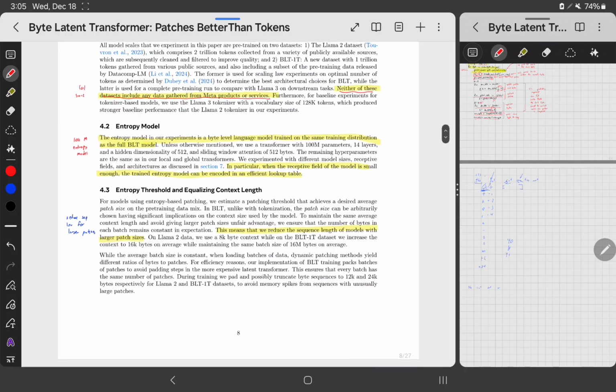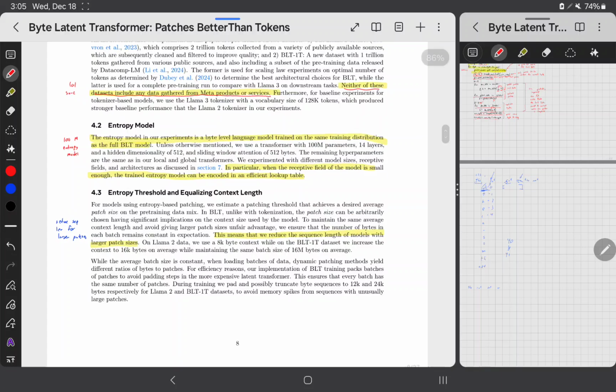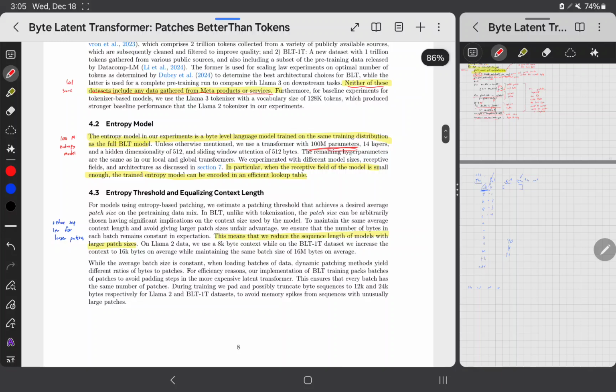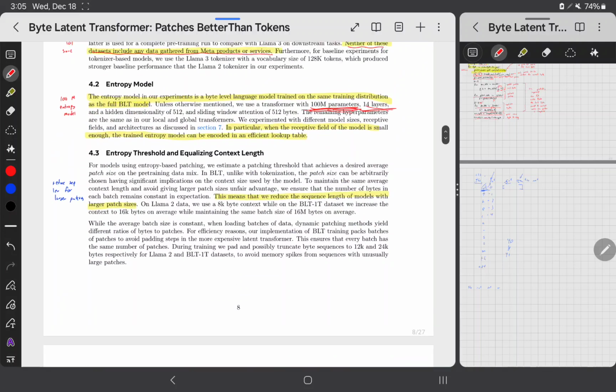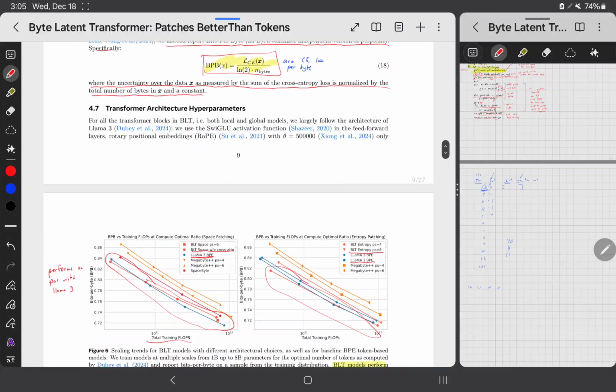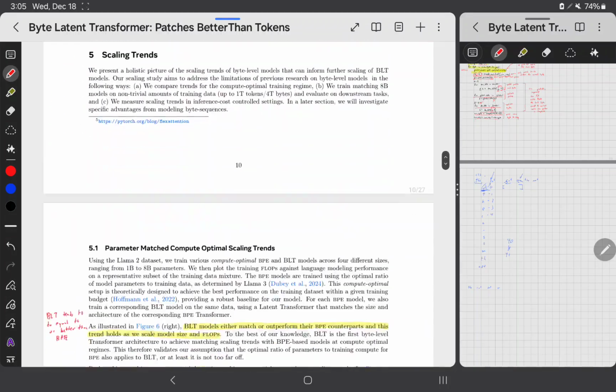Whether they do or not, I just think it's funny that they put it in there. And they use, this is what I was looking for, a 100 million parameter entropy model with 14 layers. So it's not a small model. It's somewhat large. It's still going to require a good amount on your GPU at 14 layers. So that's some of the notes that they make there.